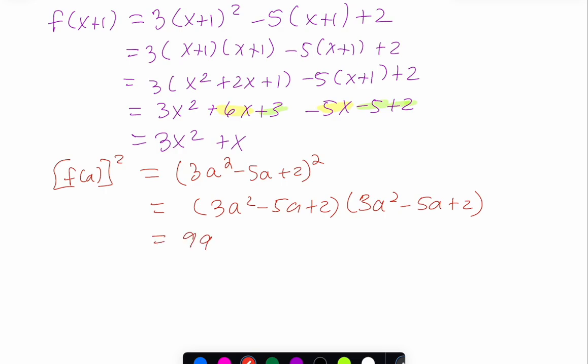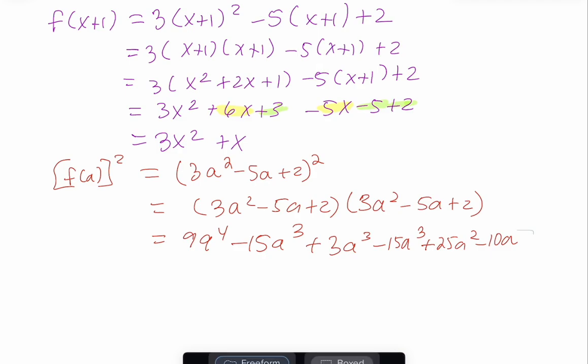We get 9a to the 4th minus 15a cubed plus, not that, 3a to the 3rd. So I've just distributed the 3a squared everywhere. And now I'm going to distribute the negative 5a, and it's negative 15a cubed plus 25a squared minus 10a. And then finally, I am going to distribute the 2.